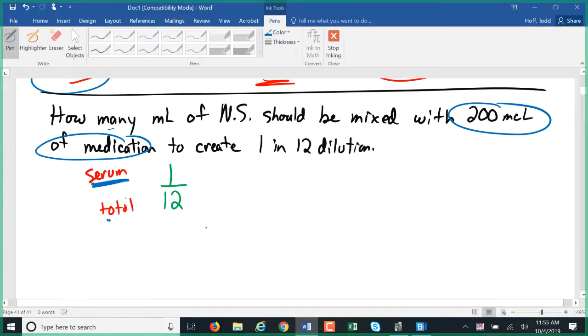We do not have the total, and we're not looking for the total. We're looking for the amount of saline. So once again, we want that ratio that compares the serum to saline. What's that ratio going to be in this case? 1 to 11. 12 minus 1 gives 11 parts saline. We still have 1 part serum.